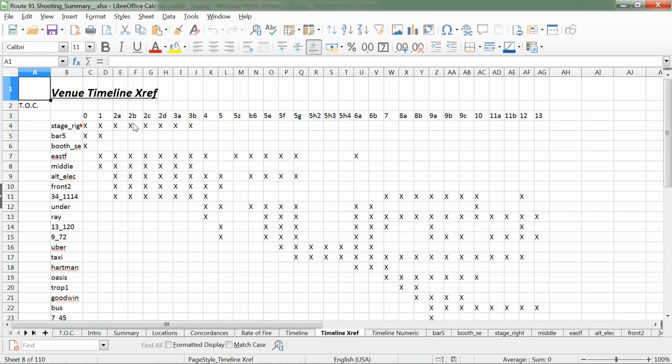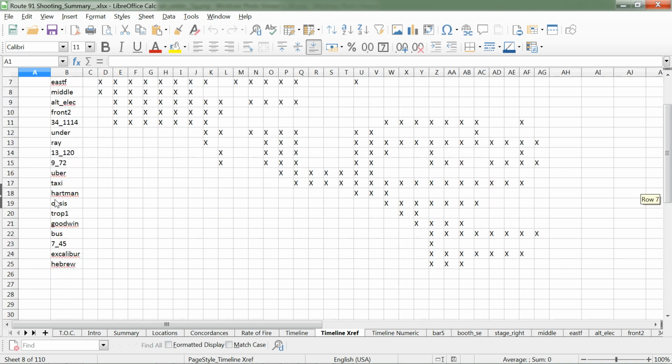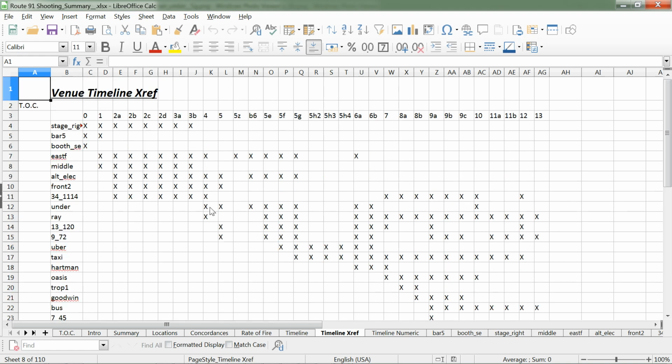And this cross-reference on the top lists every volley and sub-volley. And on the left here we have all the videos that I was interested in looking at. If we read the top down, we can see which event is in which video. And if we read left to right, we can see that this video contained all these events.